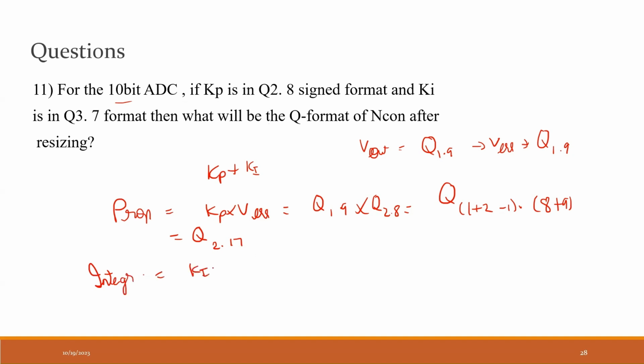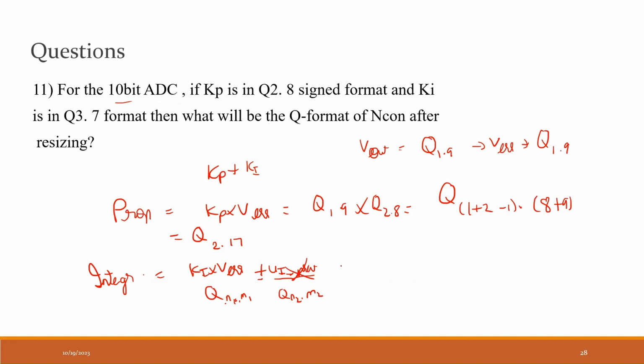This is Q2.17. The part corresponding to my integral is Ki into V error plus UI previous, etc. Now you must remember that for an addition, for both Q formats, Qn1.m1 and Qn2.m2, n1 should be equal to n2 and m1 should be equal to m2. So we assume that this has been taken into account, so we neglect this.